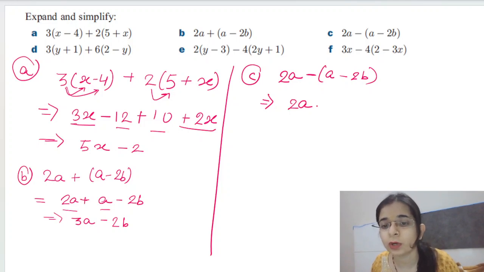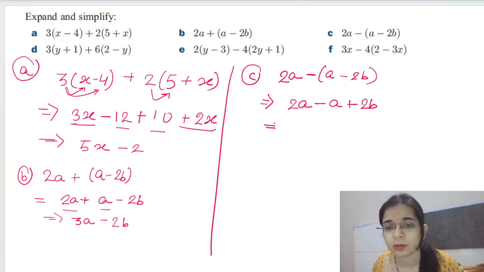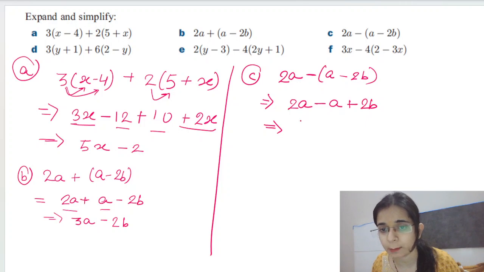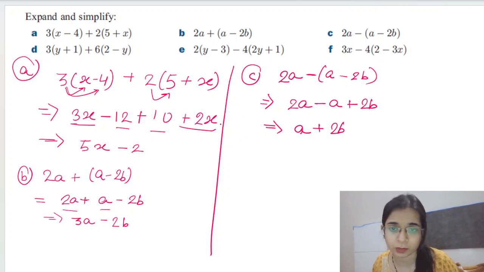I have already told you, whenever you see a negative sign outside a bracket, just change the sign of each and every term inside the bracket. That is it. So as it was plus a over there, I have written minus a. As it was minus 2b over there, I have written plus 2b. So 2a minus a will become a, and plus 2b, because we can add only like terms in this.